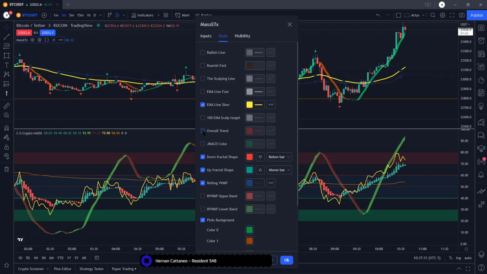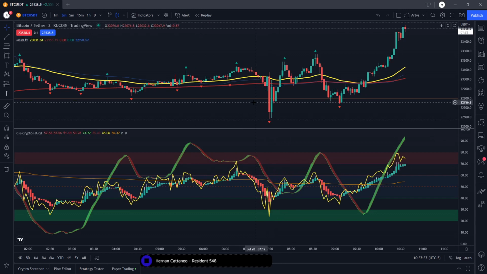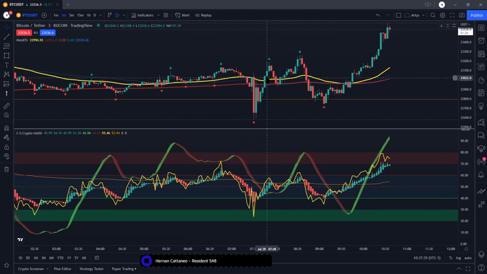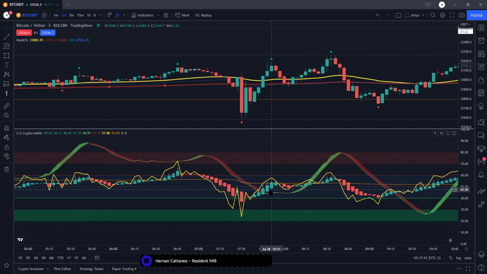Let me turn a few things off. They would simply do it by getting in when price crosses the 50 level over the 200. Well, you can see here using the VWAP that it barely closed over that VWAP level.